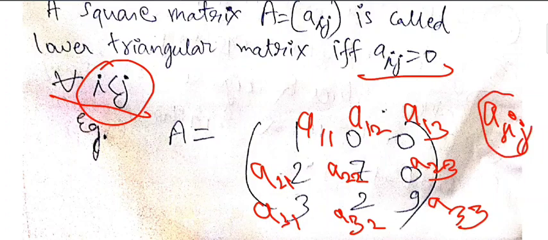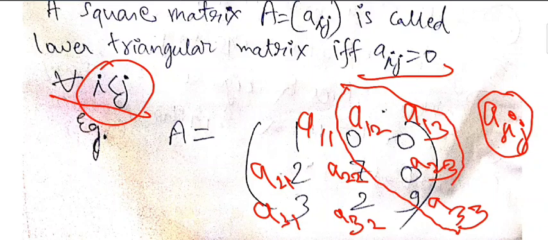You find i smaller than j in these regions, not this area, not up to here. Let me erase something. So this area consists of i smaller than j, and those elements are equal to 0. That's all the meaning.